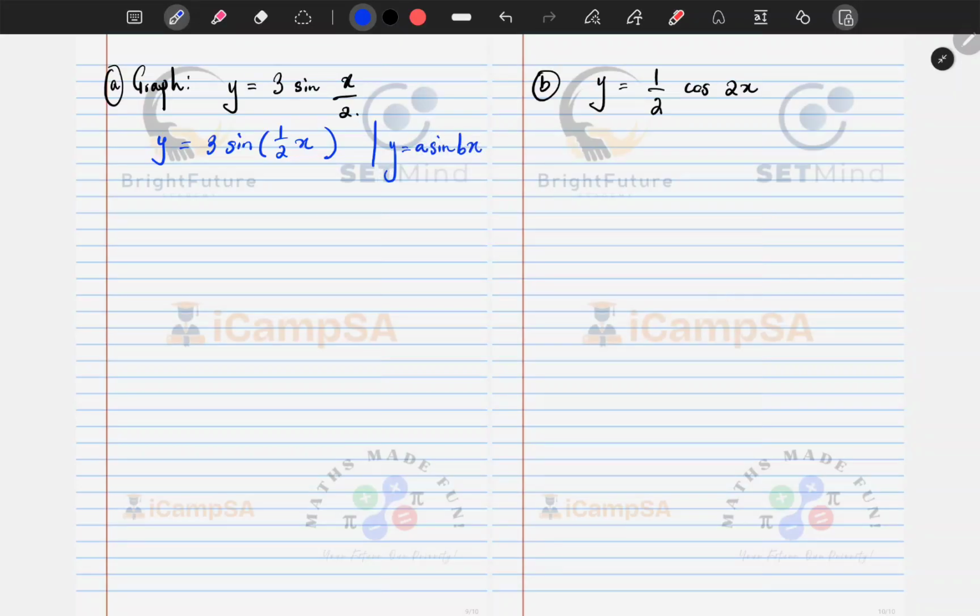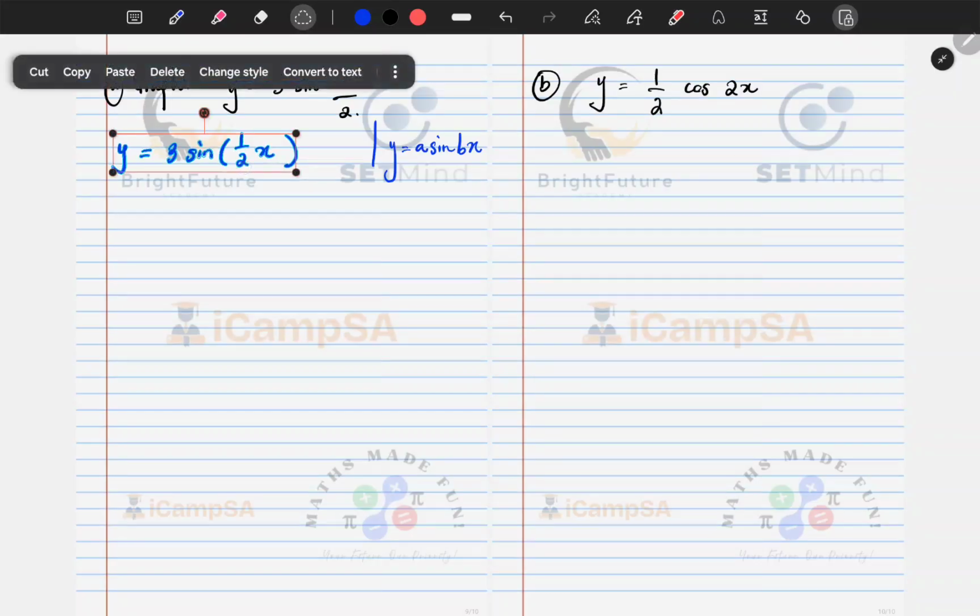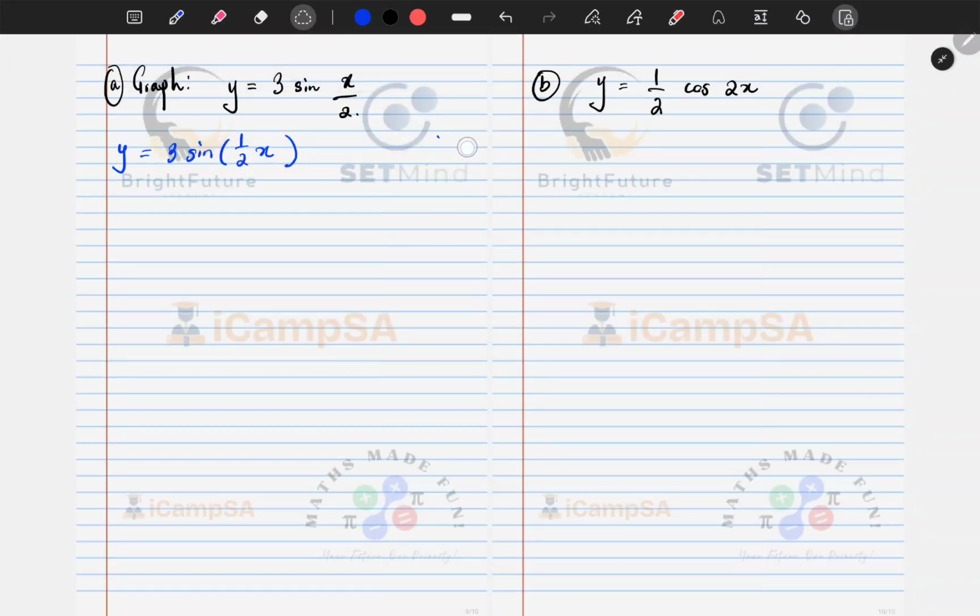So let's write this neatly here: y equals a sine bx, where a is the amplitude and b affects the period of the graph.